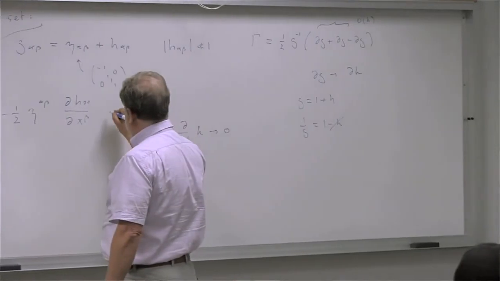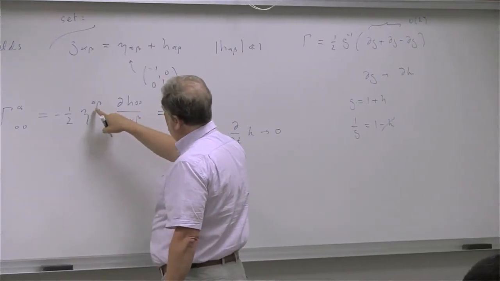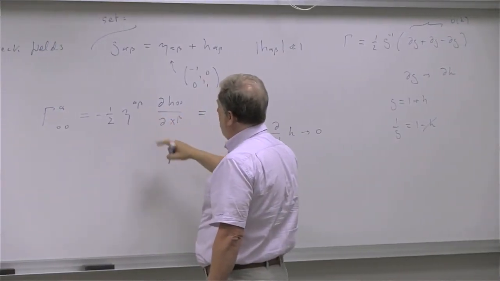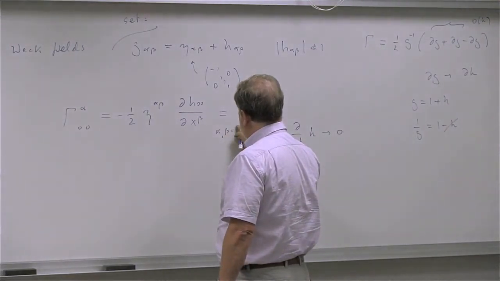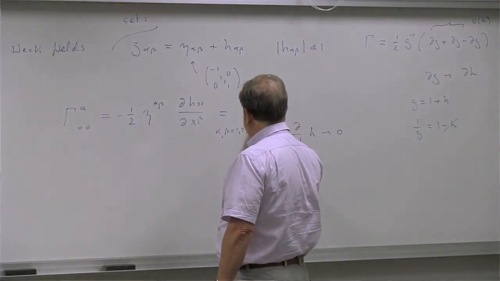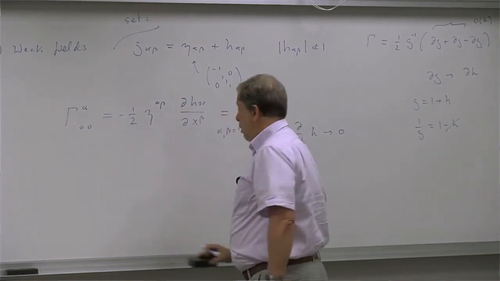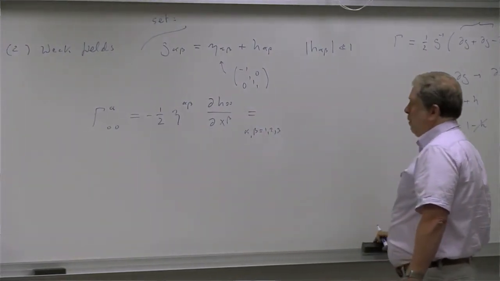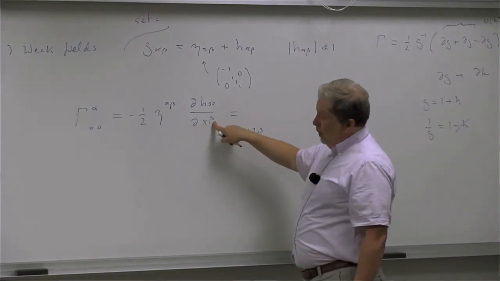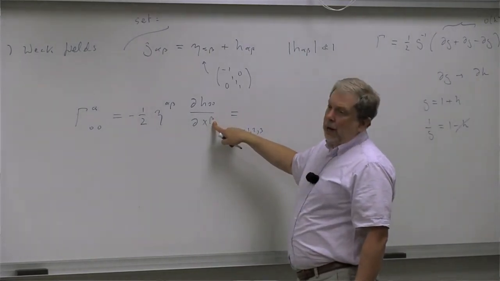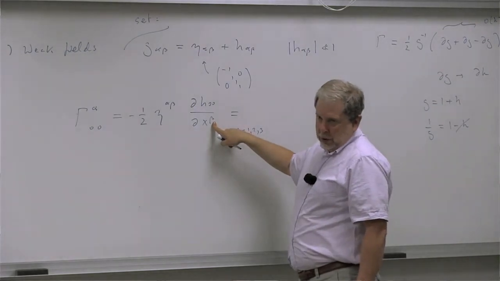And so the only terms that do contribute here are when alpha and beta are some of 1, 2, and 3, because we don't want a time-dependent field. And so when beta is equal to i, or 1, 2, and 3, this is just a gradient.